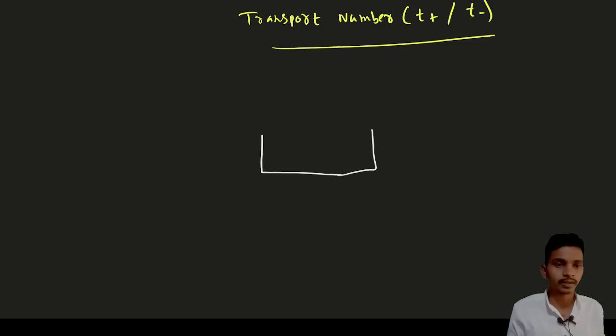Let's say I have an electrolyte, NaCl, and I have inert electrodes.